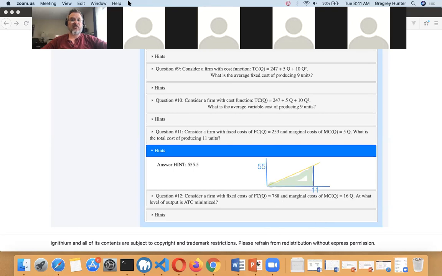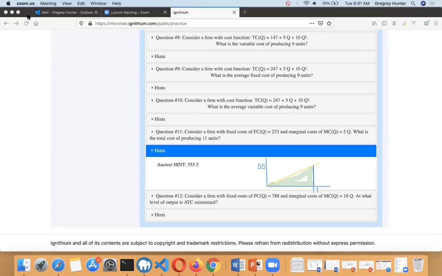So your total cost function then is, let's see if I can do this in the annotation. Okay, annotation text. I'll type this here. So you got total cost is equal to 788 plus 8Q, and I'm just gonna use this because we don't have math functions there, raised to the second power.